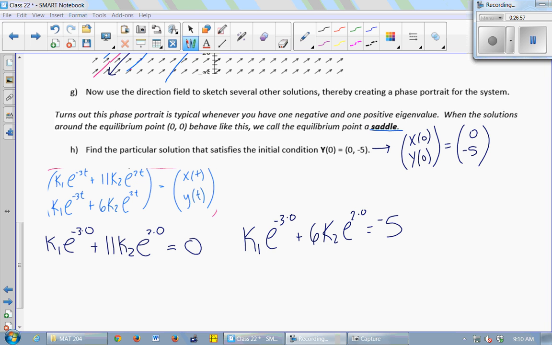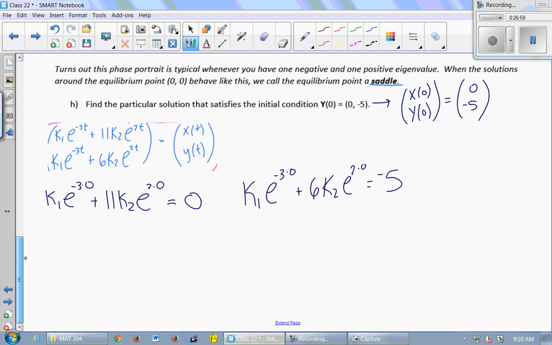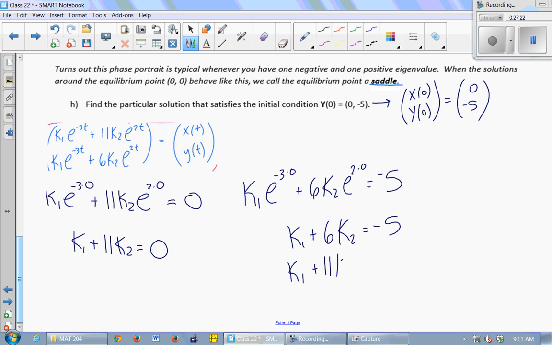And then I have two equations with two unknowns. I'm going to solve for k1 and k2. So this says that k1 plus 11 k2 is 0. And this says k1 plus 6 k2 is -5. So I have a k1 in both of these equations. I'm going to use elimination.